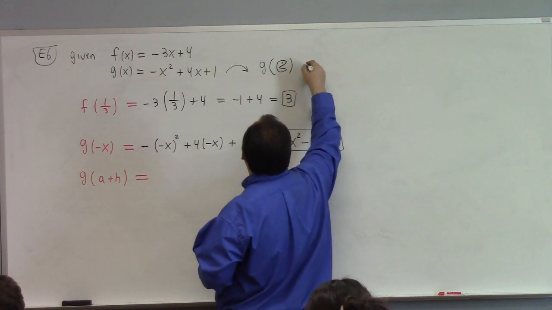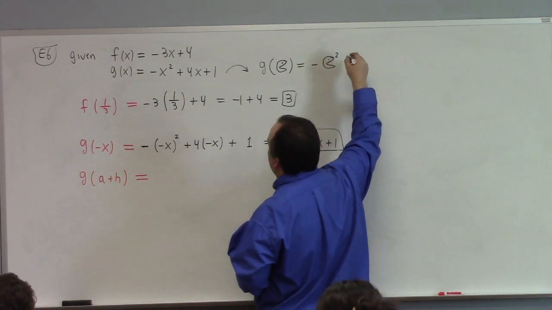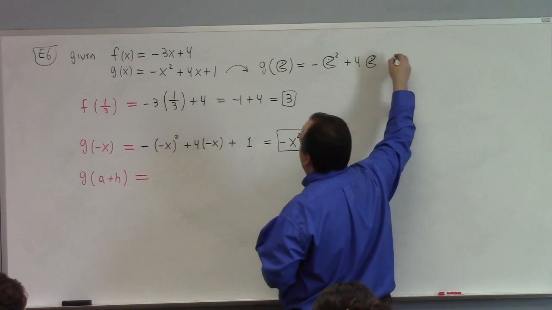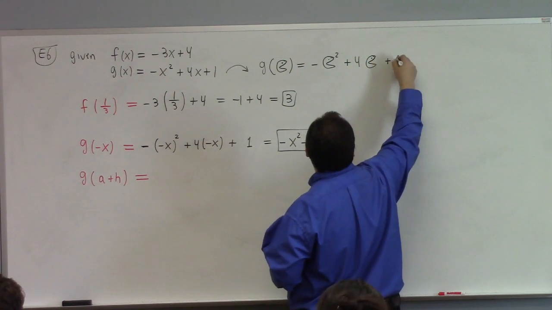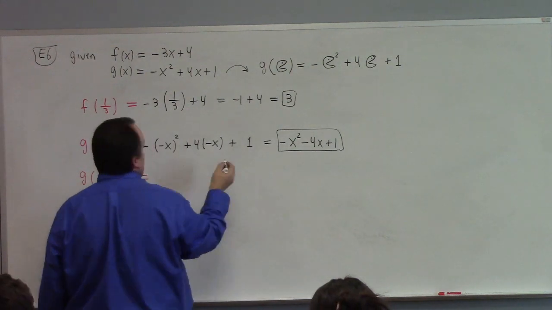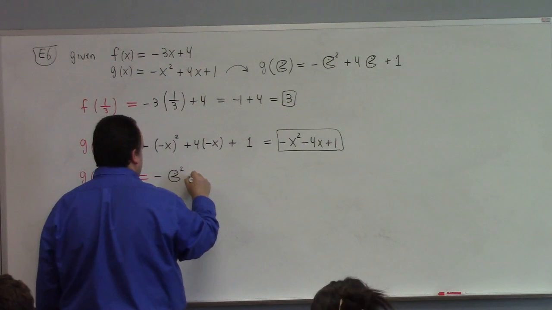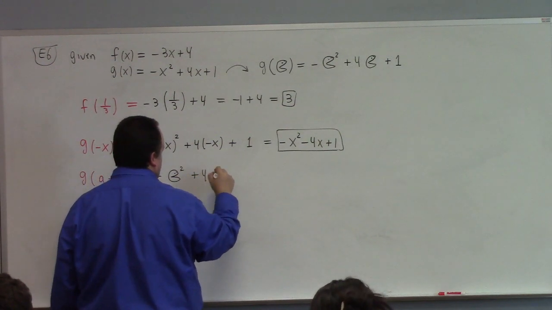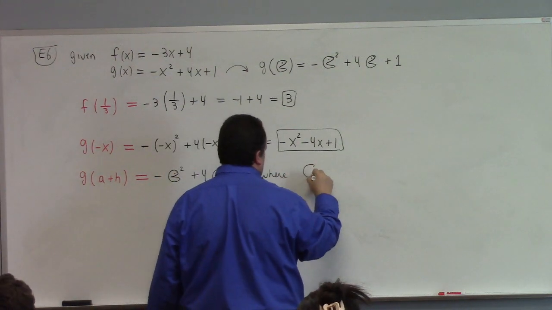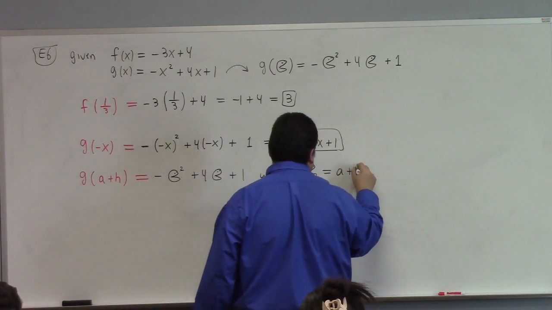It's minus Pac-Man squared plus 4 times Pac-Man plus 1. That's the formula written in terms of Pac-Man, where Pac-Man is equal to a plus h.